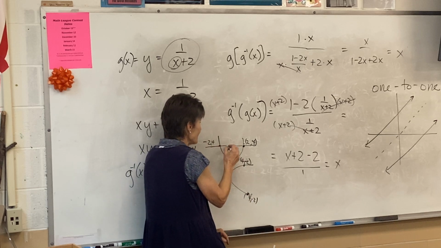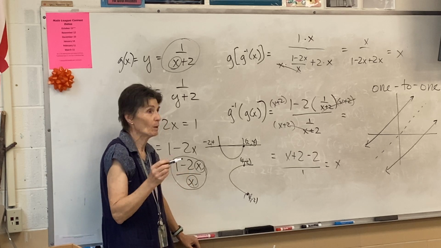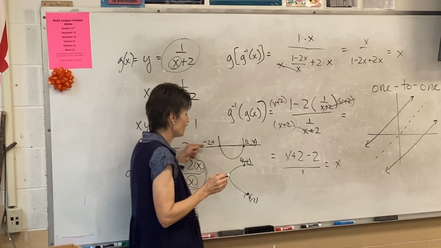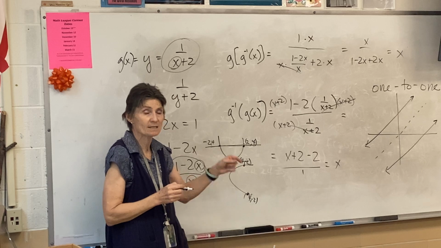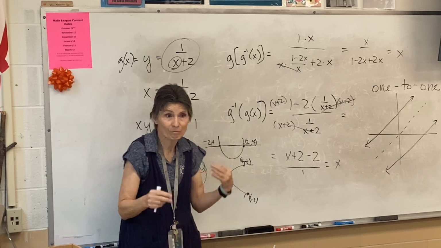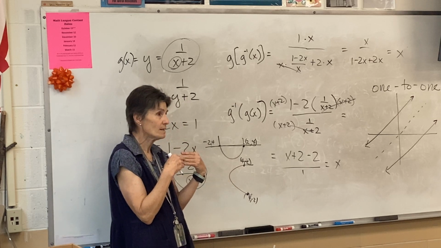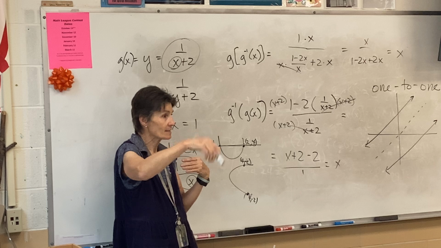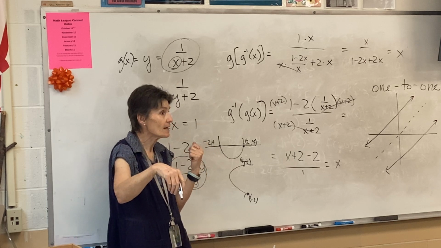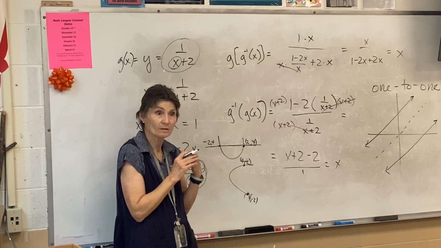If something doesn't pass the horizontal line test, then it can't be one-to-one. Because if it doesn't pass the horizontal line test, it means it has repeated y's, and one-to-one means you can't have repeated anything. So how do you tell if something's one-to-one?